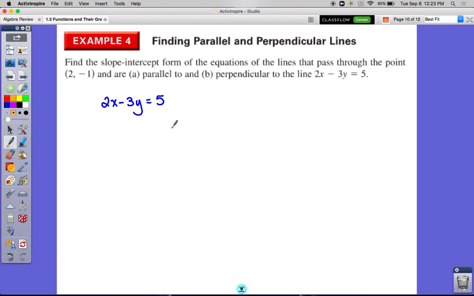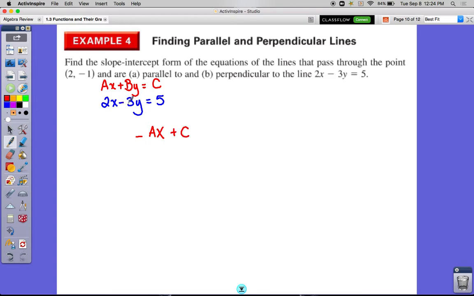You've got a couple of options. You can solve for y and look at the number in front. There's also a shortcut for this one. This is in the form ax plus by equals c, which is the standard form for a linear equation. If I solve for y, I'm going to subtract ax, so I'm going to have negative ax plus c.